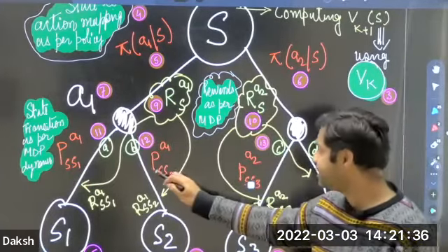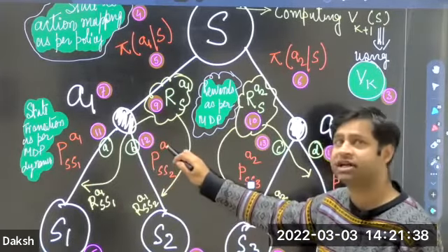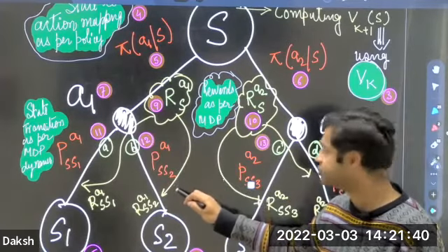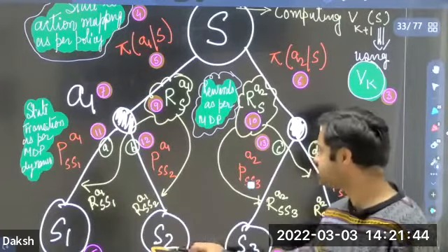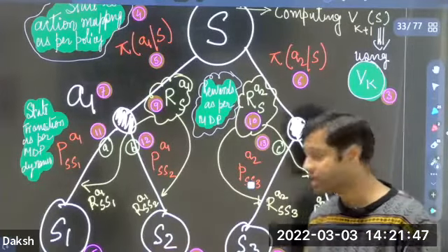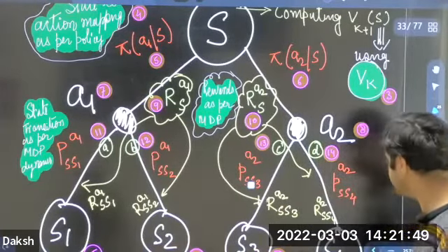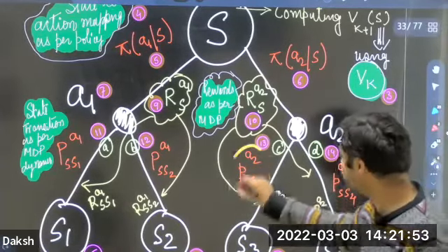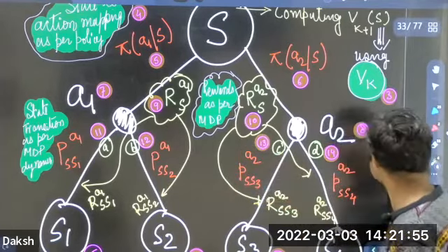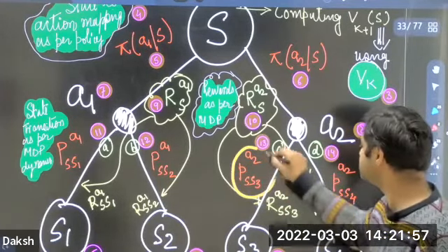Same thing, probability at S, you take action A1, you will reach S2. You may reach S3, you may reach S4, with these probabilities, right?